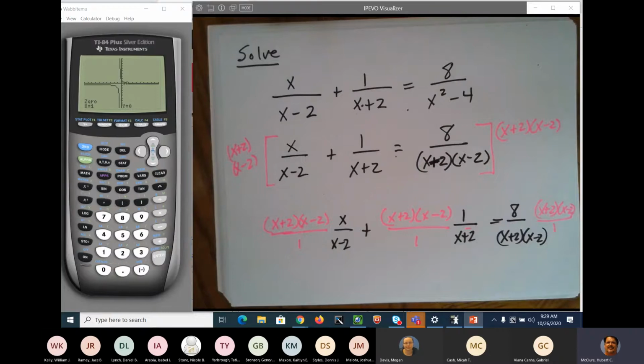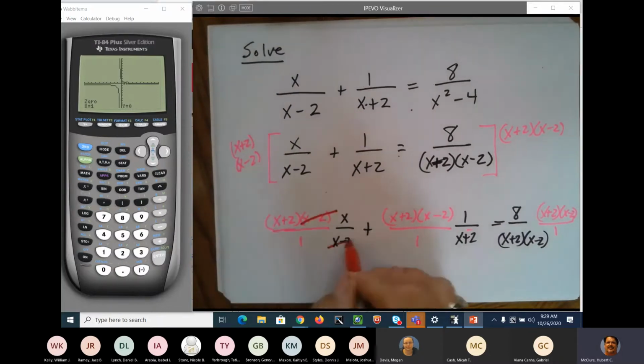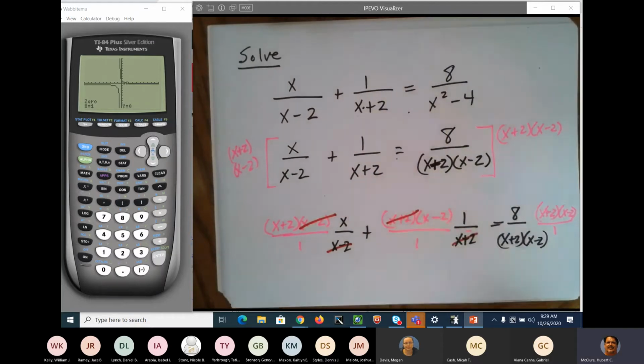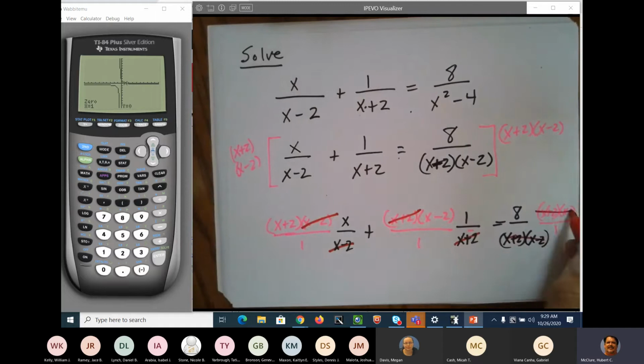And what happens with the x minus 2's here? They cancel. And then the x plus 2's cancel here. And then the whole thing cancels there.